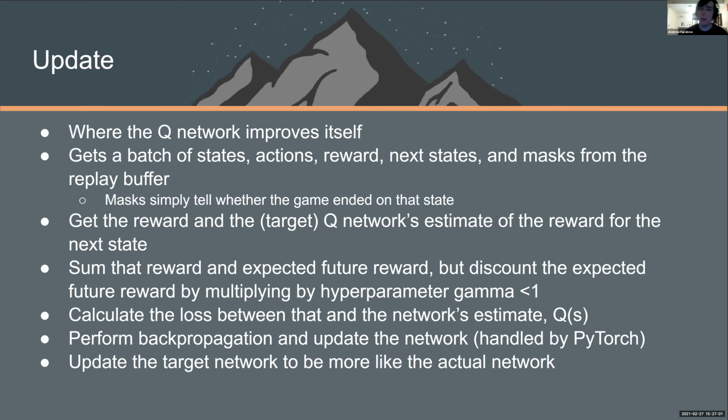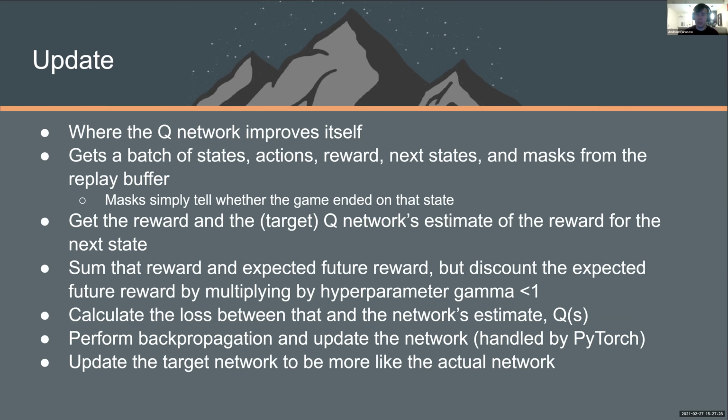Sure. So the update step corresponds to a little bit in the code that hopefully you can look at while I'm talking about this. Essentially, it's where the Q network improves itself. You get the batch of those states, actions, rewards, next states, and masks that I've mentioned. And you take the reward, and then the Q network's estimate of the potential reward from the next state.